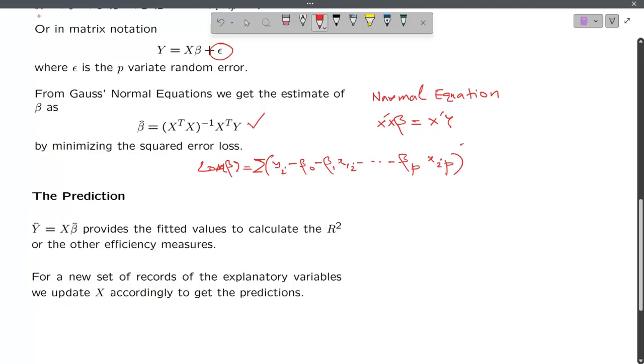This is the squared error loss. The yi's are the actuals and beta 0 plus beta 1 x1 plus beta p xp are the predictions. So we minimize this loss function over different values of the betas, which is called multivariate regression. So we arrive at the normal equation and we get the estimate of the beta hat.